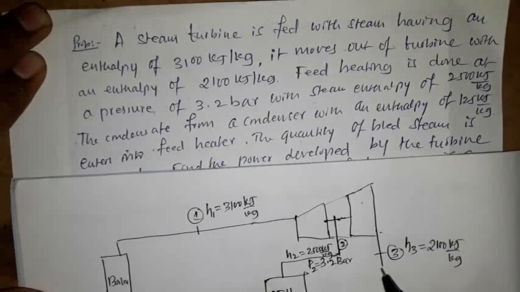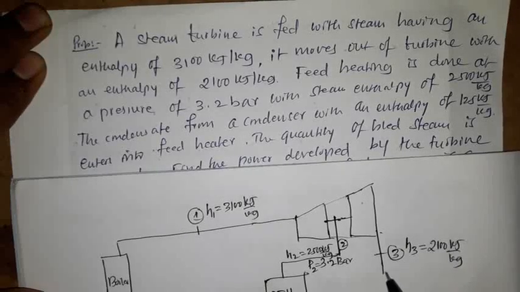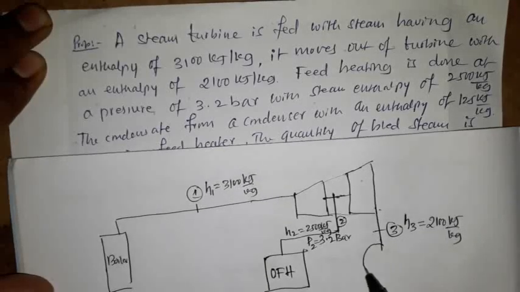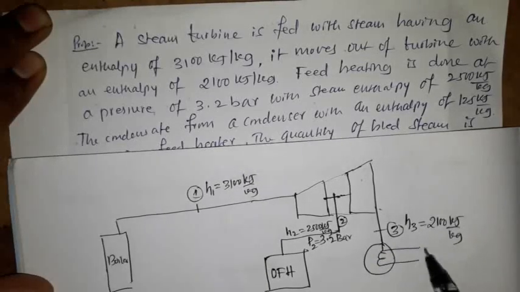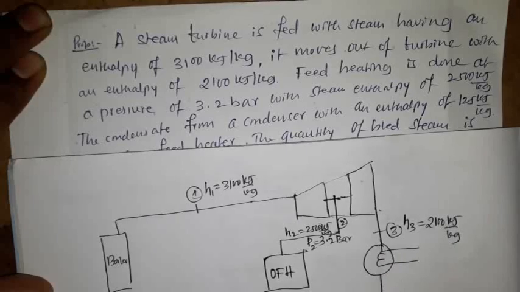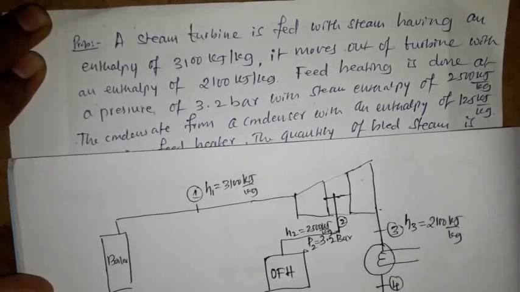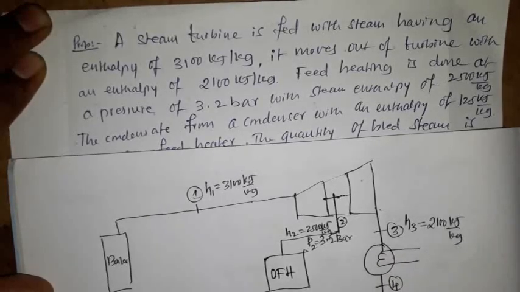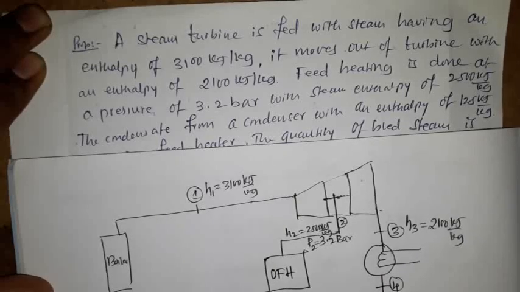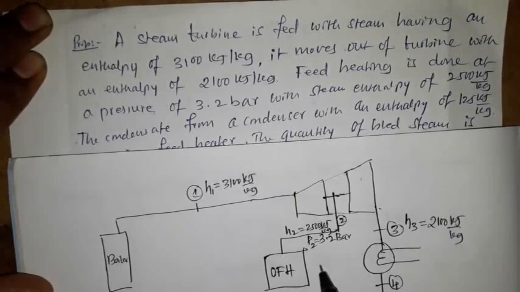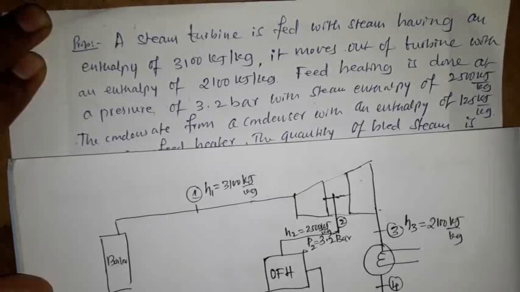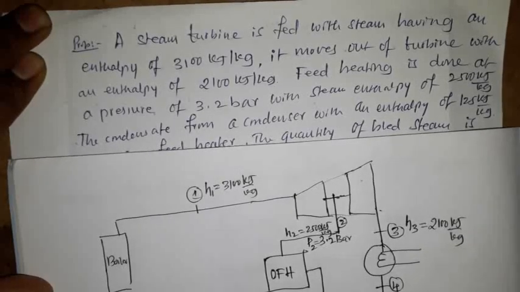So here the steam after coming out of the turbine at state 3 enters the condenser. The condensate comes out at state 4. Then it enters a pump, and from the pump it enters the open feed water heater. So 4 to 5 is the pumping process.